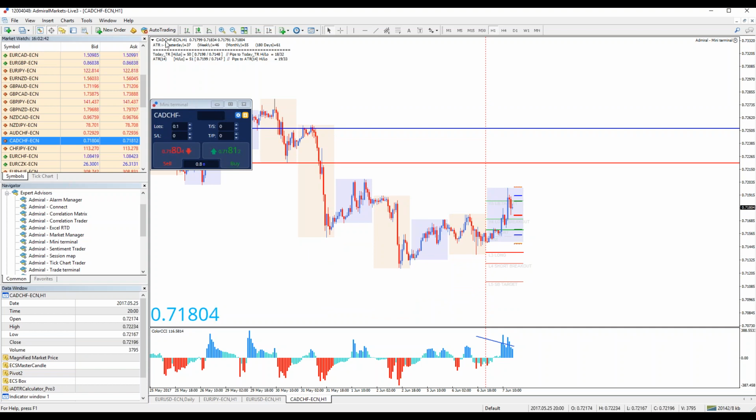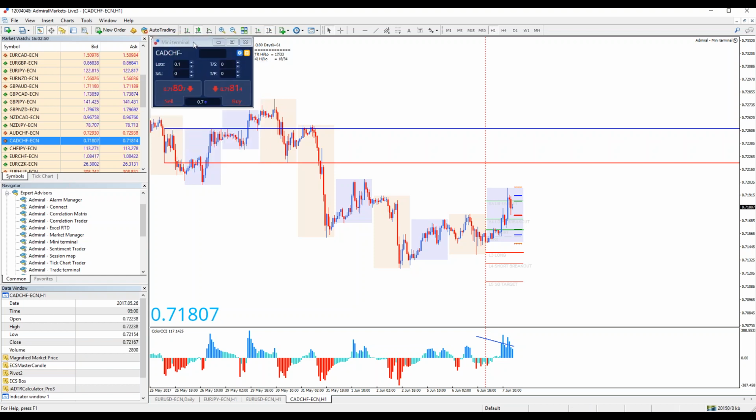For me, it's non-tradable. Also, we have crude oil inventories in an hour and a half, and I will stay away from trading CAD pairs because of crude oil. Crude oil will move CAD. So don't position yourself prior to big news.